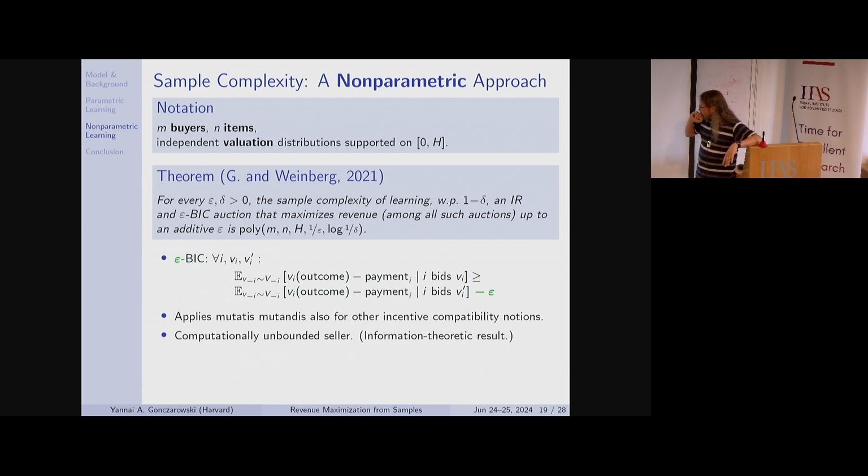I would like to stress that this is a result for a computationally unbounded settler. This does not say there exists a computationally efficient algorithm that, if you feed into it so many samples, will output an auction that maximizes revenue up to epsilon.